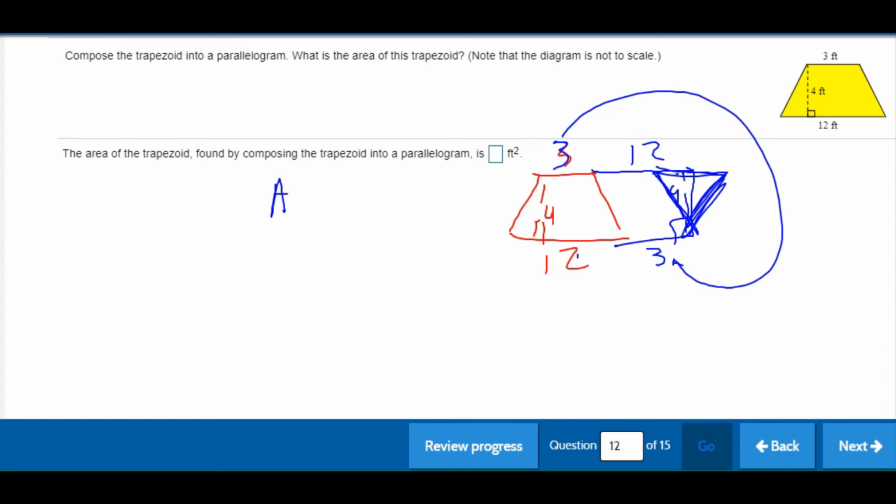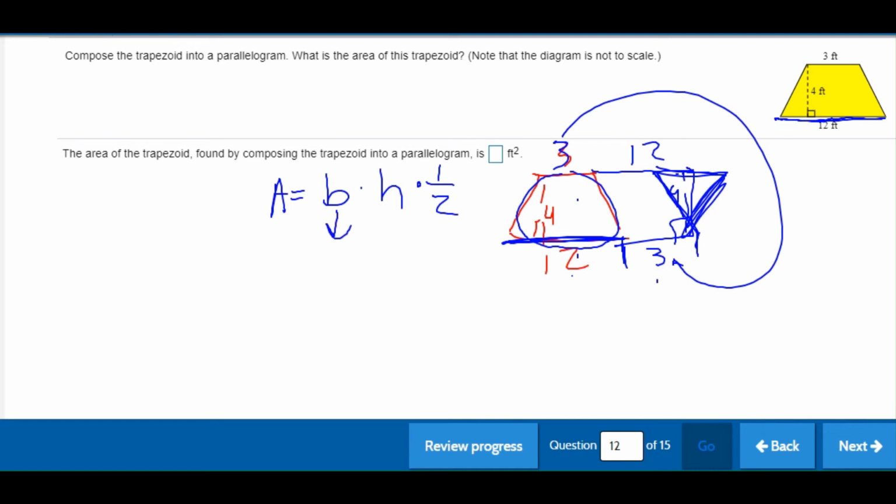The formula for a parallelogram is base times height. But since I only want the area of half of the figure, I need to multiply by 1/2 or divide by 2. So now, instead of having one base, I don't have a length of 12 anymore. This is not my base anymore. I have extended my base by 3 units. So I have to do a base 1 and a base 2.